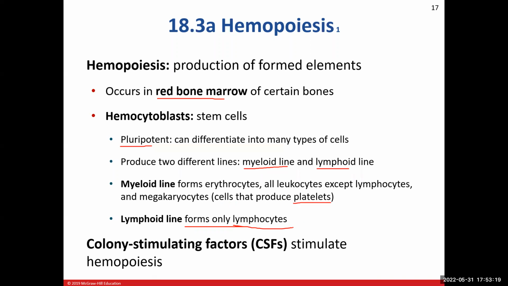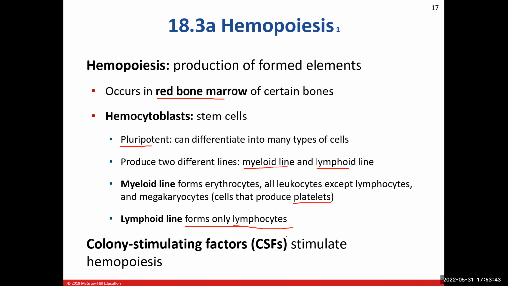Easy. What is the lymphoid line? Only lymphocytes. Myeloid line is everything else. That's how I remembered it. Okay, so lymphoid line, only the lymphocytes. Myeloid line, everything else.